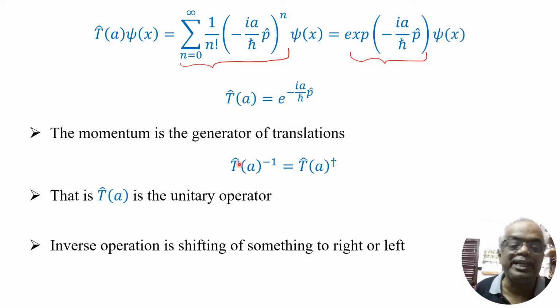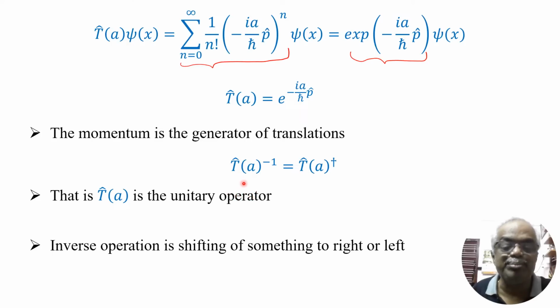Now, if you take T inverse, the inverse of this exponential with minus will become exponential with plus i a over h cross p hat. Actually, plus i a over h cross p hat is nothing but T dagger. When T inverse is equal to T dagger, then naturally it is a unitary operator.